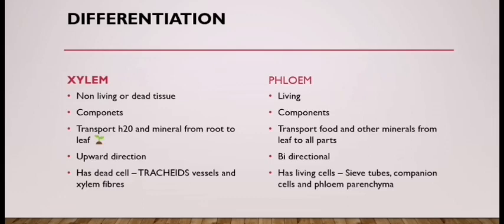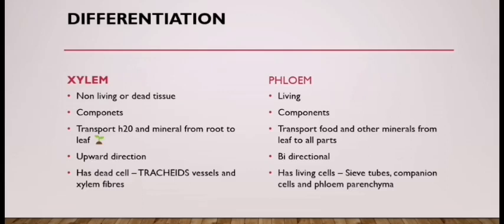So the most common question from the complex tissue part is: differentiate between xylem and phloem. You can mention all these points. I have arranged them from most important, and as you go down, you can mention the points according to how many marks are mentioned in your question paper.